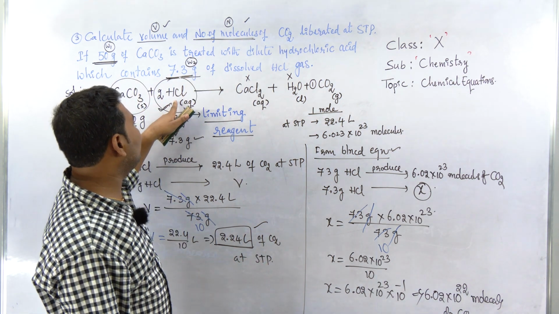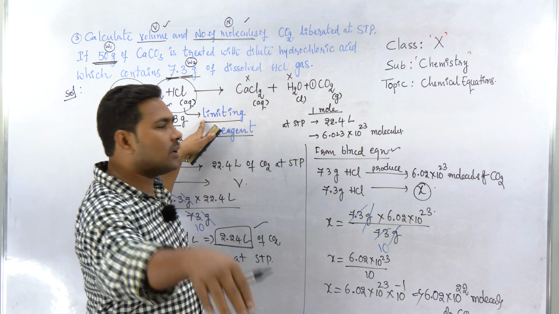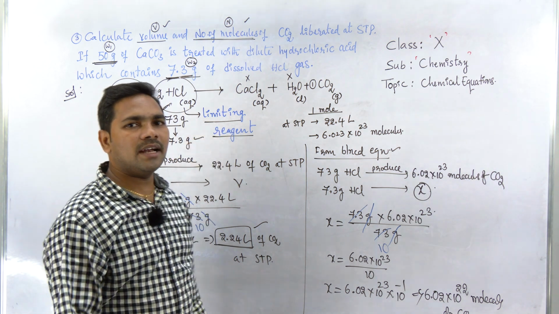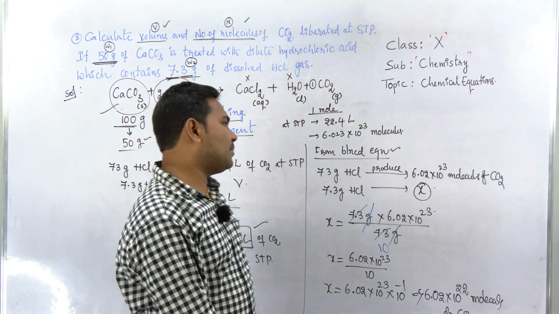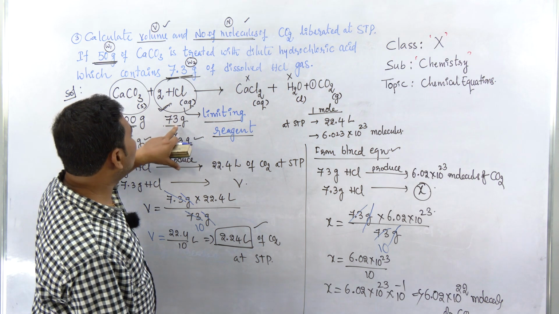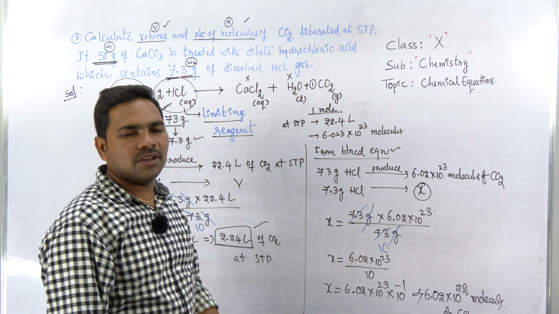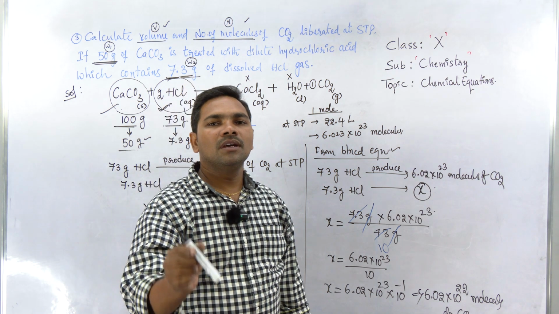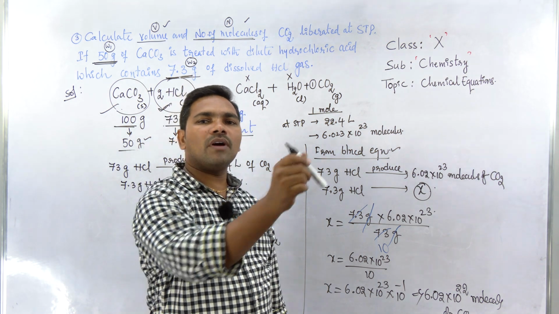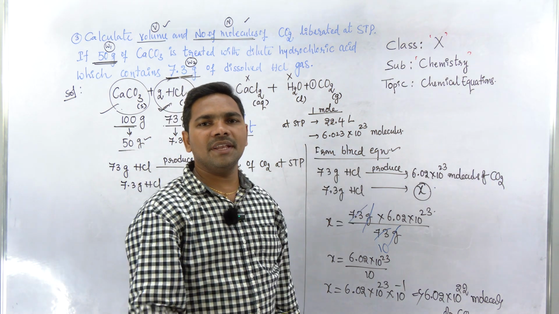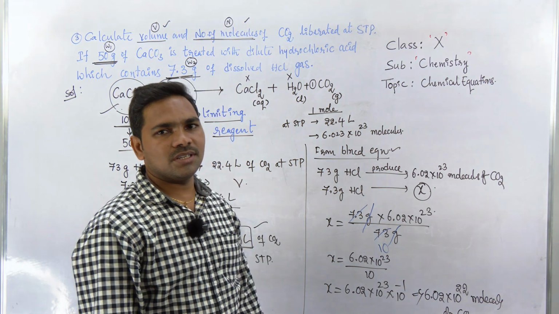So that reactant which is provided less than the required quantity is called the limiting reagent, that decides the amount of products obtained. So we compare the required quantities with the amount of limiting reagent given. Okay, so in such questions, always compare the required quantities with only the quantity of limiting reagent to solve these questions.